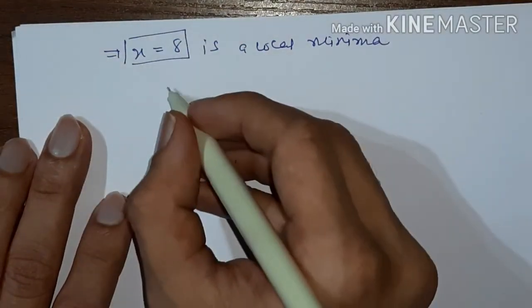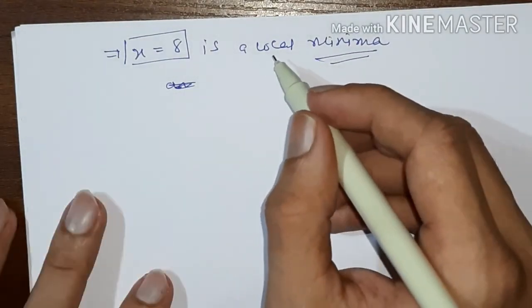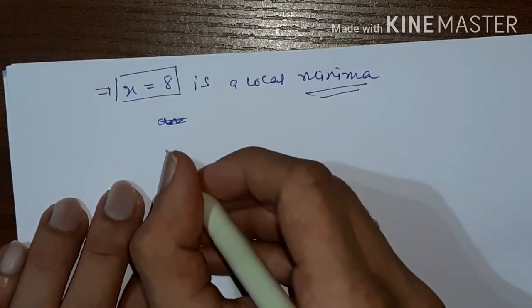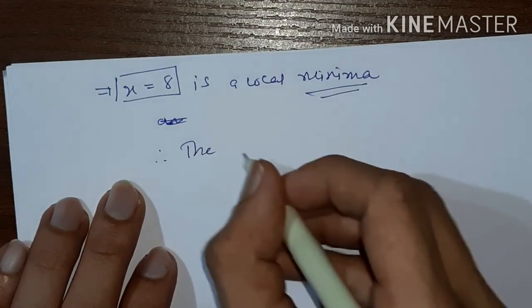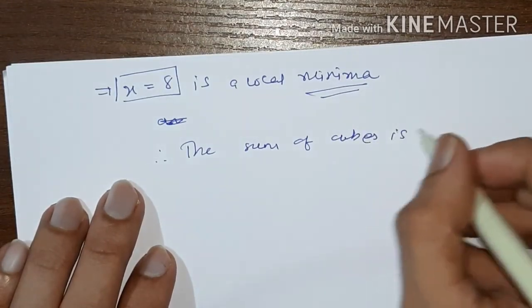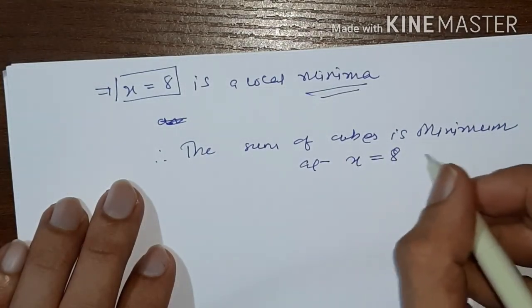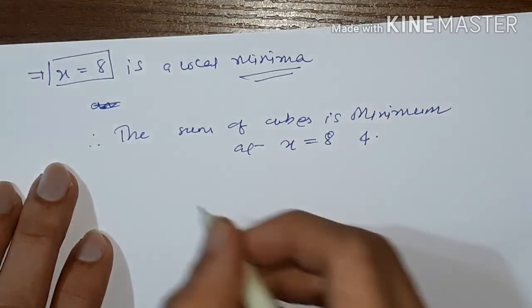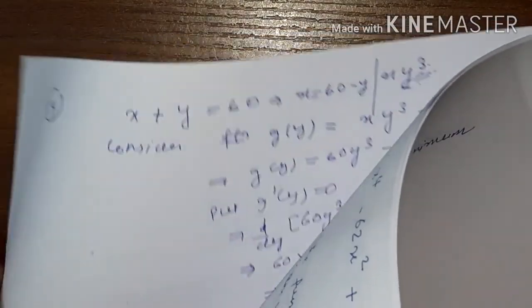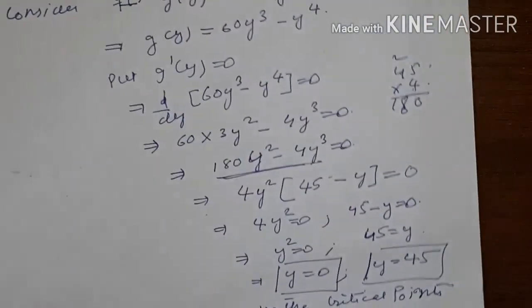The minimum value we don't need to find. So the sum of cubes will be minimum at x equal to 8. And what is the value of y?